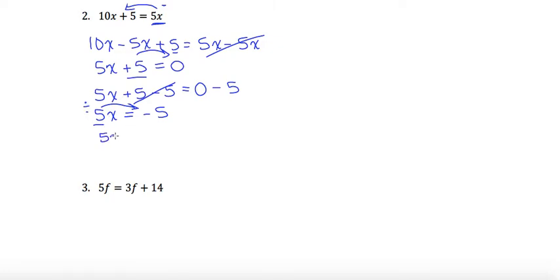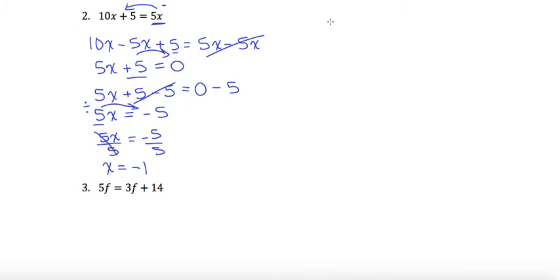So I'm going to have 5x divided by 5 is equal to negative 5 divided by 5. And 5 divided by 5 gives me 1. So I'm left with x on this side. And negative 5 divided by 5 gives me negative 1.